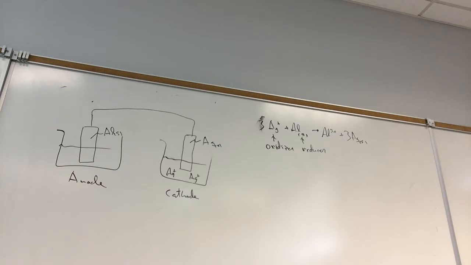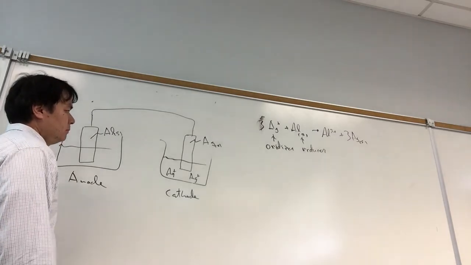What about using iron? Iron's no good. Iron will react directly with silver ions. And so we wouldn't use iron. It's not because we're going to coat silver on iron, which we would. It's because the iron would react directly.